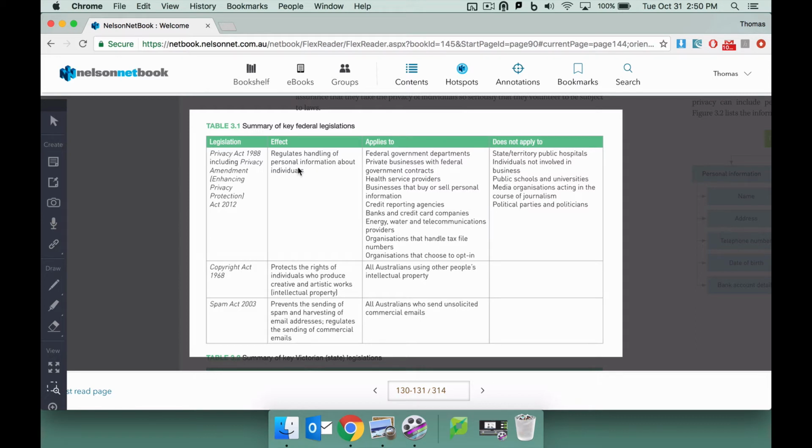Regulates handling of personal information about individuals, and so on. So in the exam, you're probably going to need to remember and recall this, which legislation applies to what and what it does not apply to, and what effect it has.